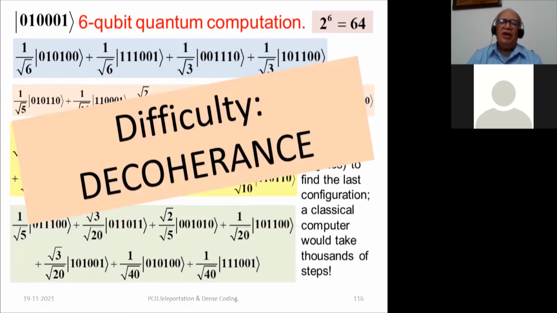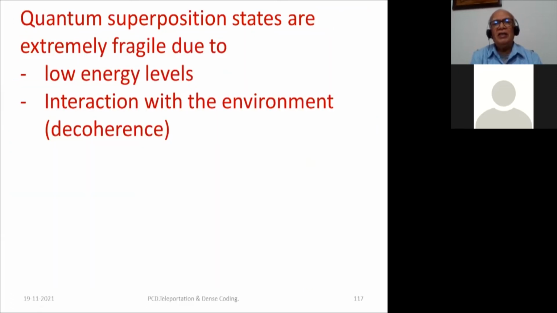It is actually very difficult to execute because of decoherence. I told you that any measurement induces the system to collapse into an eigenstate. And this measurement can even be an inadvertent one, because any impurity can interact with any of the qubits in your apparatus and the system would decohere. So this is a great difficulty.